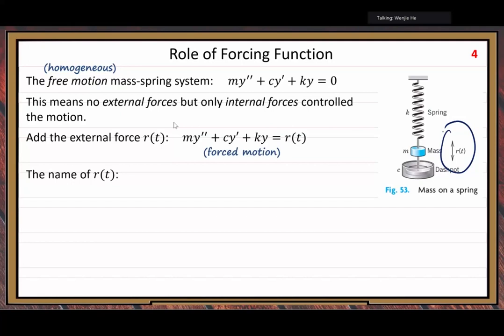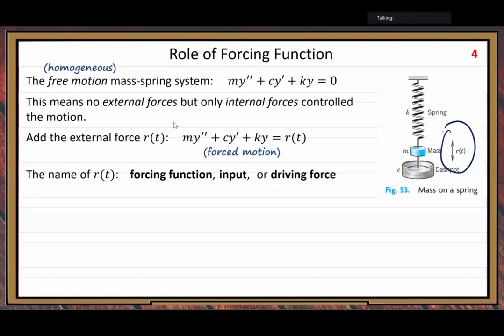That's forced motion. There are several names for this r function. One is forcing function. Some people also call it input function, because it's known. The external forcing function is given. You apply it to the system, so people treat it as the input of the system.